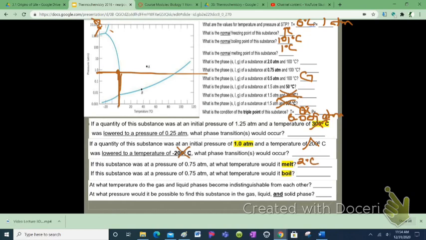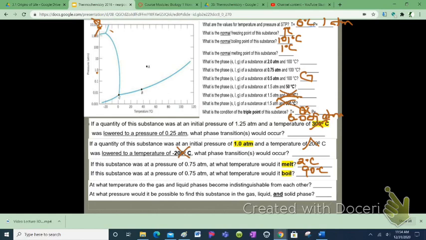And if the substance was at 0.75, what temperature would it boil? Well, boiling is here. It's about maybe 90 degrees Celsius. Okay. At what temperature does the gas and liquid phases become indistinguishable? Well, what's gas and liquid phases indistinguishable?